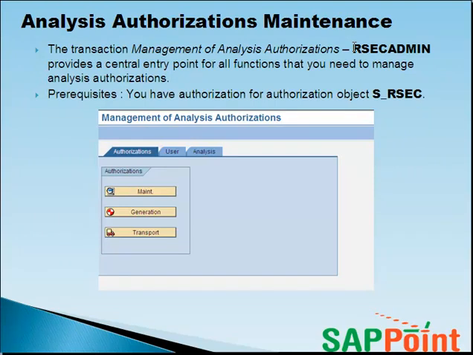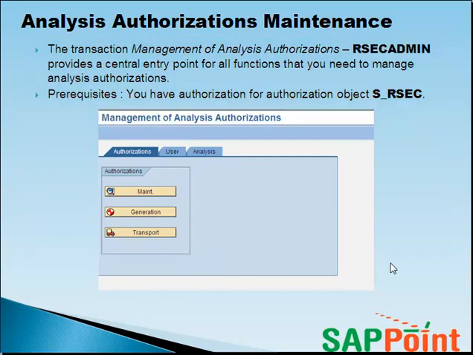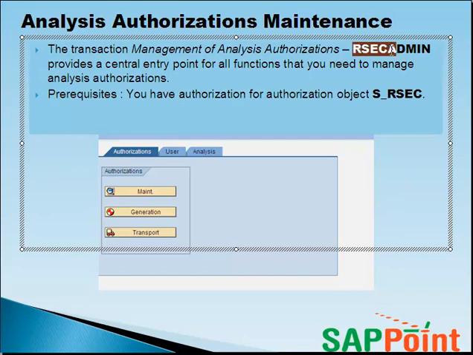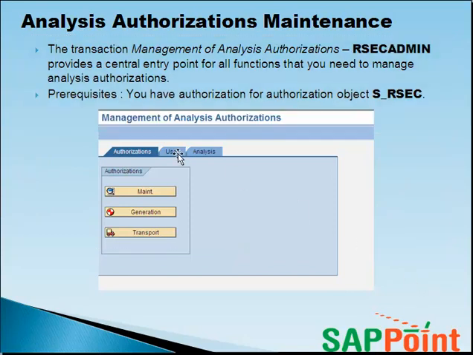We were introduced to a new transaction code called RSECADMIN. And we learned that this transaction code is used for assigning the analysis authorization to the users, building and maintaining the analysis authorization, and also for troubleshooting, which means the transaction RSSM that we used in BW is obsolete.